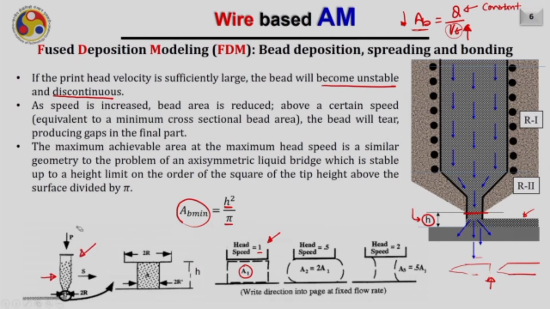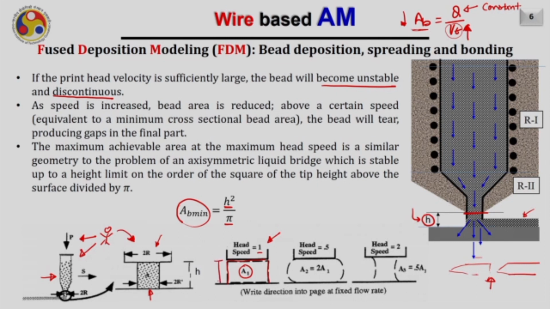So if I look from this direction, where the viewer is here, the cross section will look something like this. This is the deposition head which is depositing the bead, and this is the area of the bead deposited. Now if the head speed is 1, the area of the bead will be exactly the same under the head which is shown here.